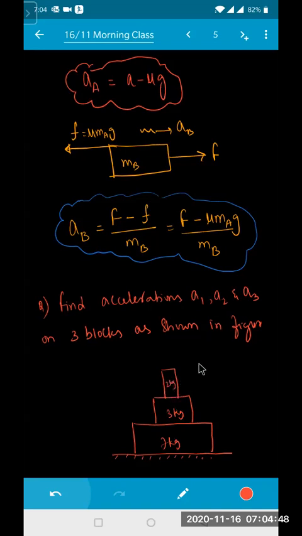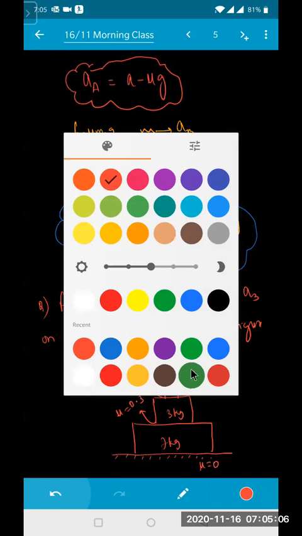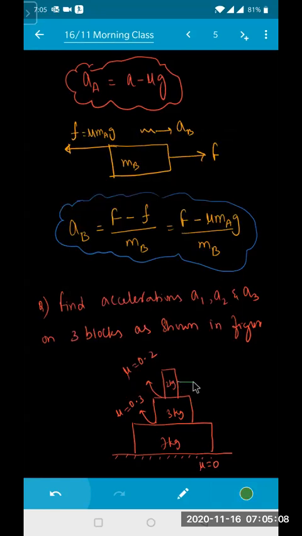The coefficient of friction between these two blocks is given as mu equals 0.2, and here the coefficient of friction is mu equals 0.3, and this is a 7 kg smooth surface, so here mu equals 0, a frictionless surface. And you are applying a force on the 2 kg block like this. How much? 10 Newton. This is situation number 1.